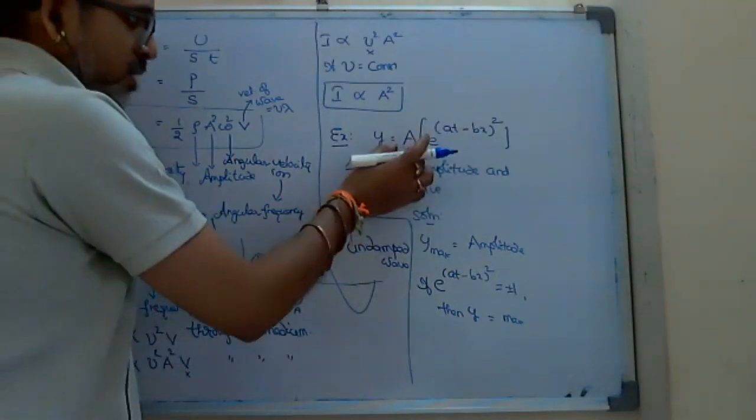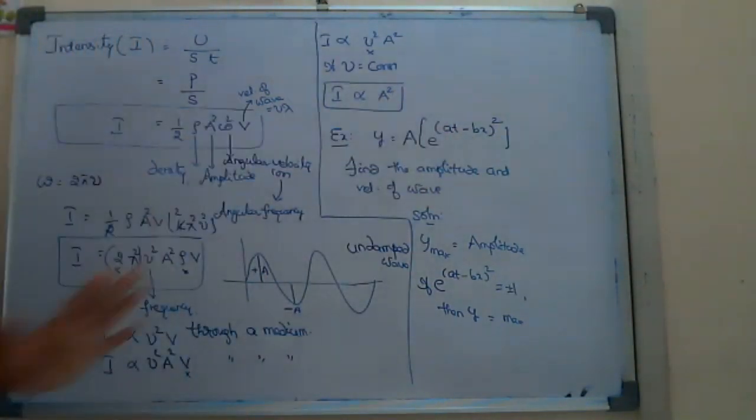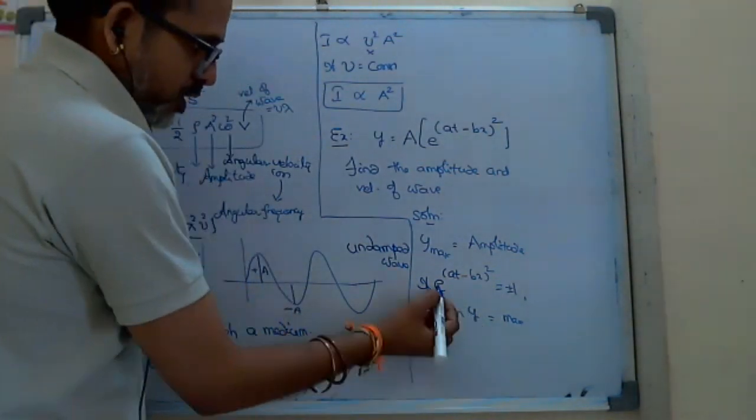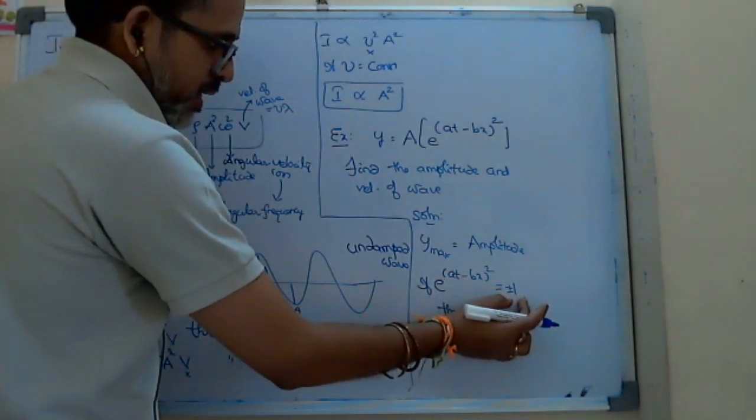More than 1 you won't get here. So to find the maximum value, first of all we put e power something equals plus or minus 1.